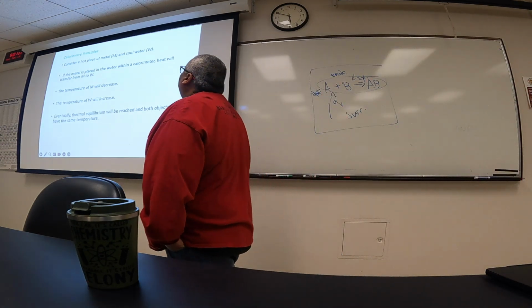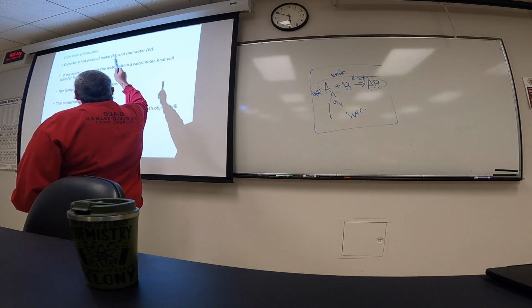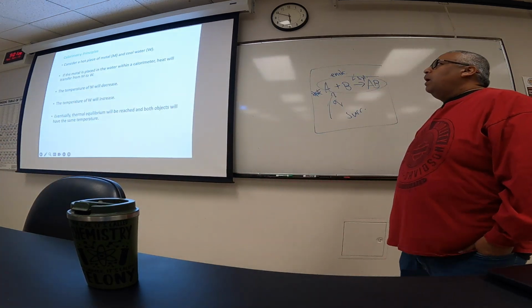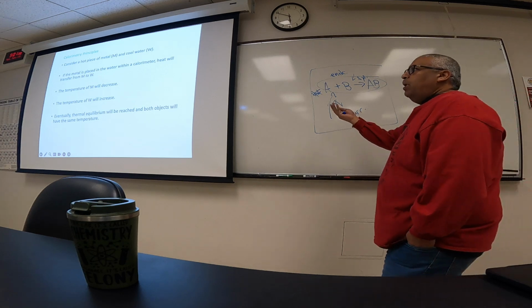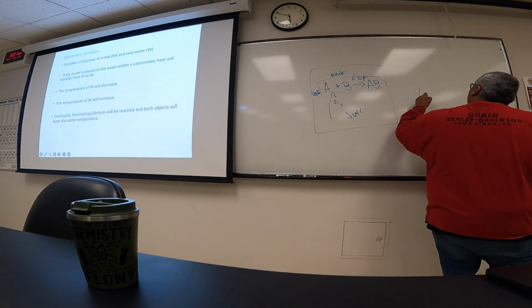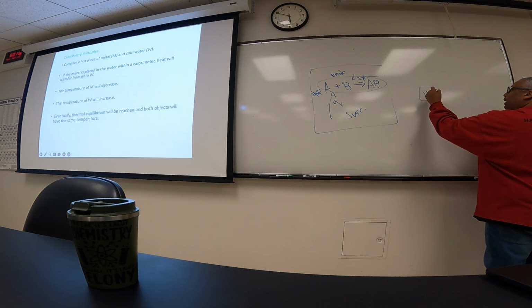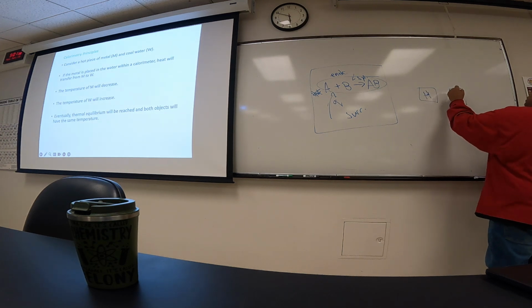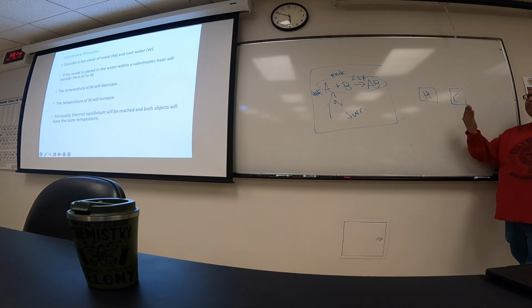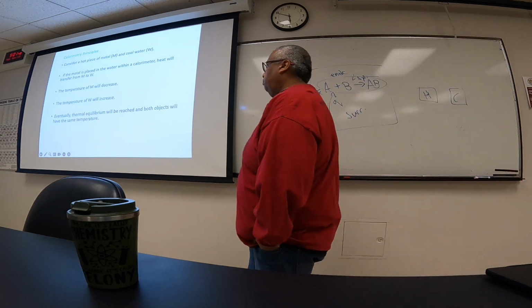So consider a hot piece of metal and some cool water. If the metal is placed in the water in the calorimeter, heat will transfer from the metal to the water. We've already talked about that, right? If I have some substance that's hot and another substance that's cold, once we put these together, we have some heat flow where heat goes from hot to cold, and then they end up in some sort of thermal equilibrium.